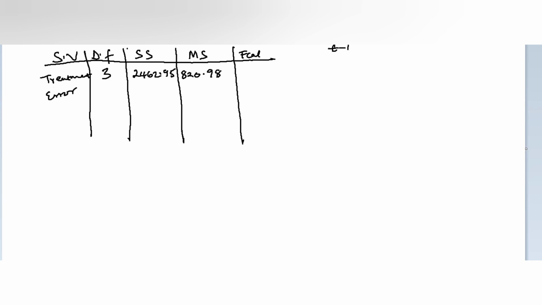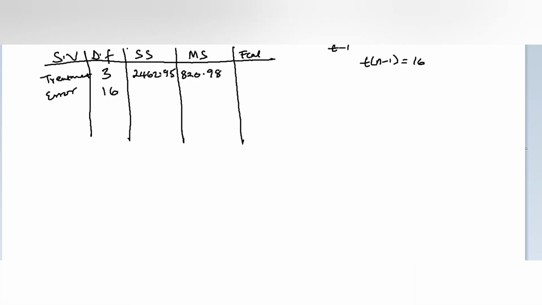So okay, let's now look at our error. The degree of freedom for error is T into n minus 1, which is going to give us 16. So we have 16 here. That's from our table. So the n value here, 1, 2, 3, 4, 5, are 5, and our T treatment are 4.